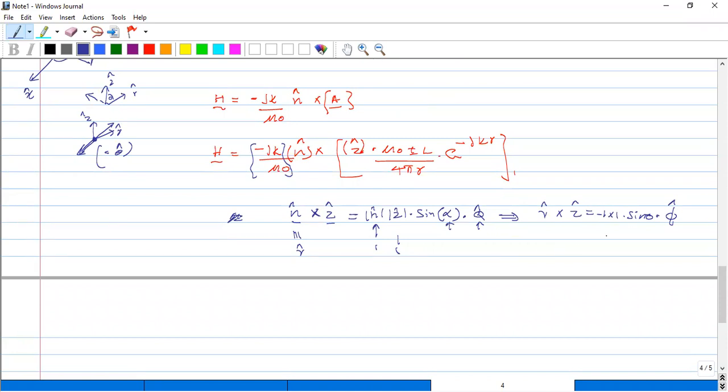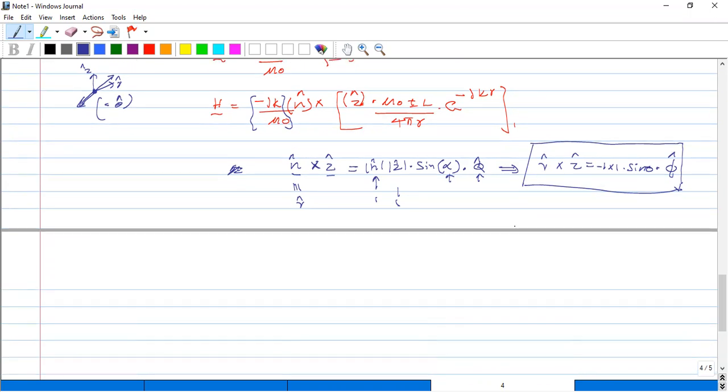So you will get minus sine theta phi hat. I think you can get this one by yourself. Try to get this one by yourself using the right hand rule.